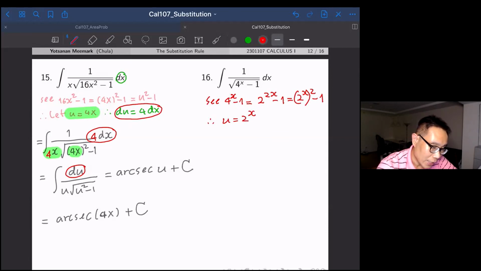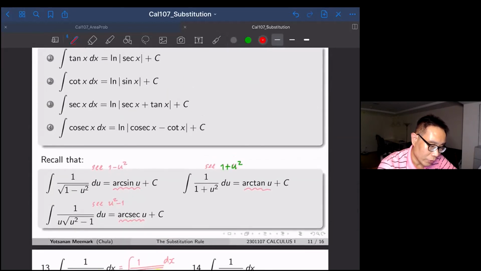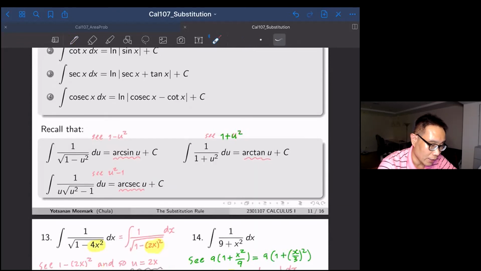And you see that when you see u square minus 1, you're going to use the arcsec.